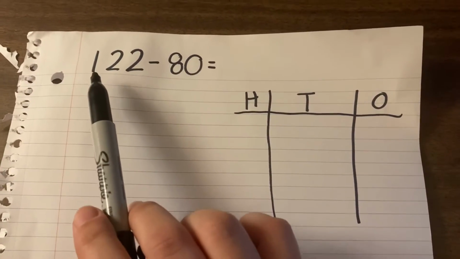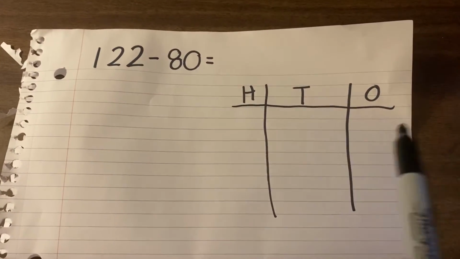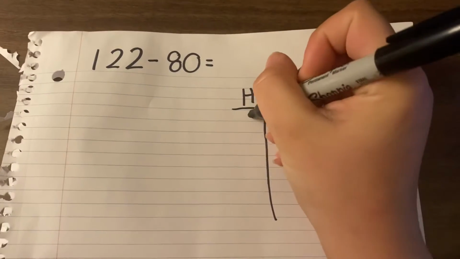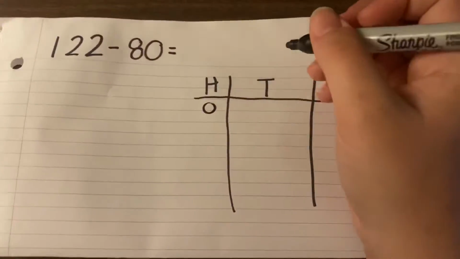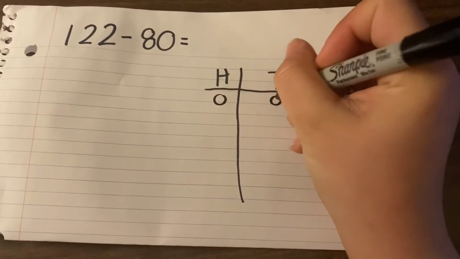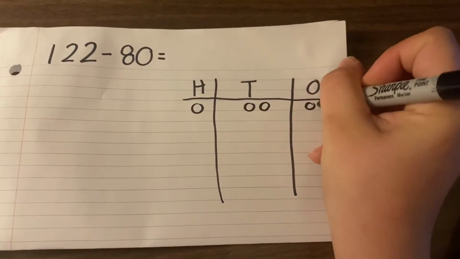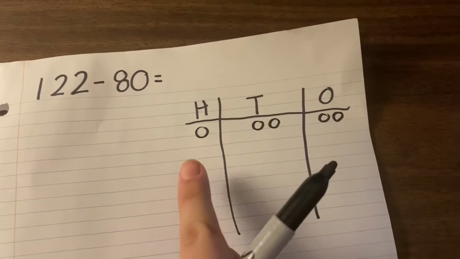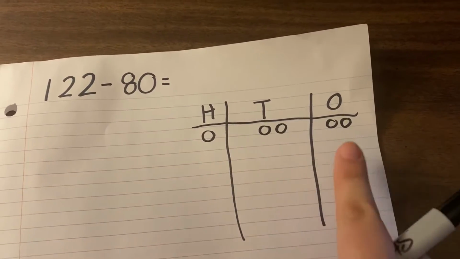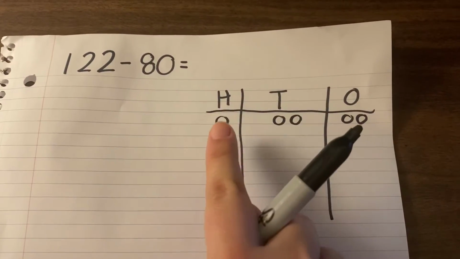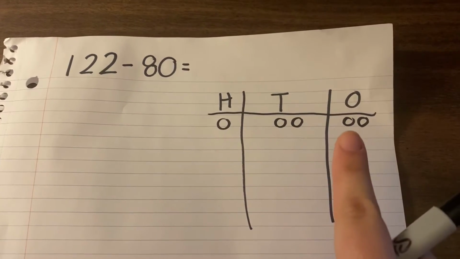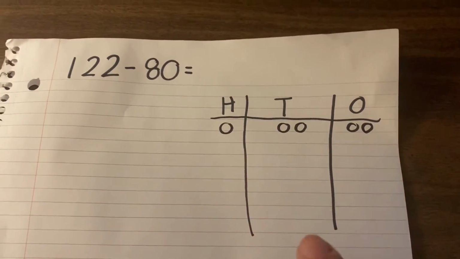So in order to draw 122 in my hundreds, tens, ones chart, I'm going to draw 100, 2 tens, and 2 ones. Remember to keep our numbers lined up so I can look across and see this is 100, 10, 22, 122. All right.